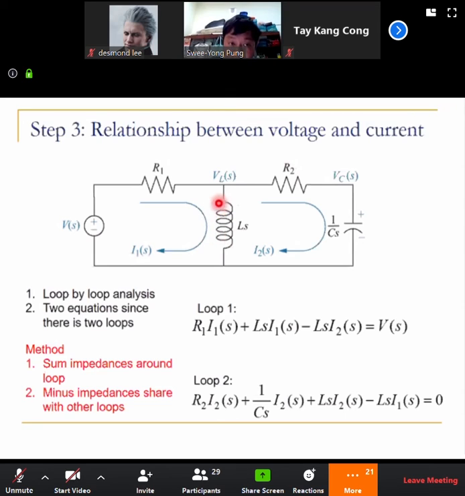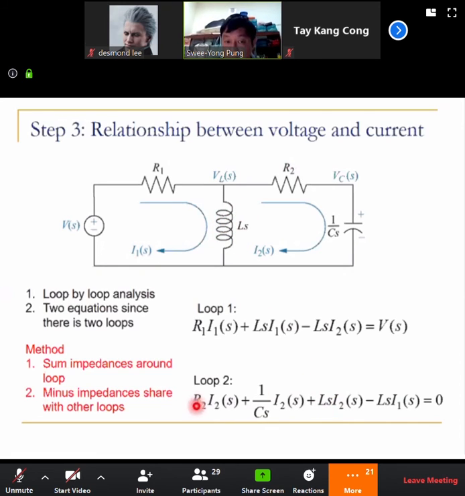But then if we look carefully at this component, it's actually shared by the second loop. Therefore, we need to minus away the impedance shared by this component with other loops. So you see it is negative LS multiplied I2, equal to V, right? Now if you look at loop 2, we have I2 flowing into this circuit, so we're going to generate impedance from R2, from the capacitor 1 over CS, and also from the inductor LS.